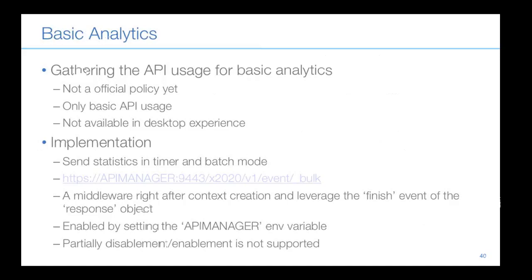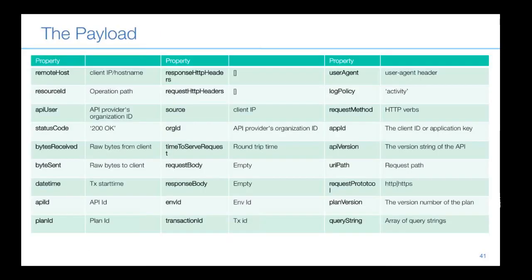And most of the values are retrieved from the context variables, except some of them like remote host, that's the client ID or host name, and bytes received, that's the raw bytes we receive from the client, and bytes sent, that's the raw bytes we send to the client.